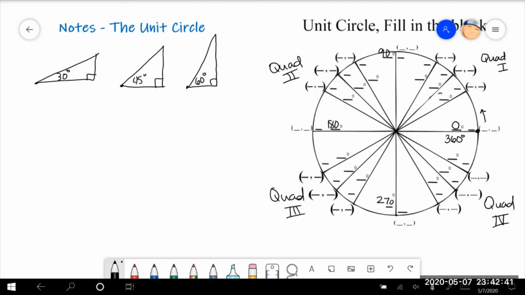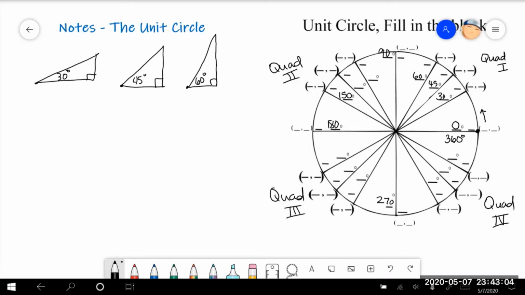So here we've got 30 degrees, 45 degrees, and 60 degrees. And I can continue to add here. From 90 degrees, if I know this is 30, then I know this must have been 150, right? So that's how that works. And I can continue adding along.